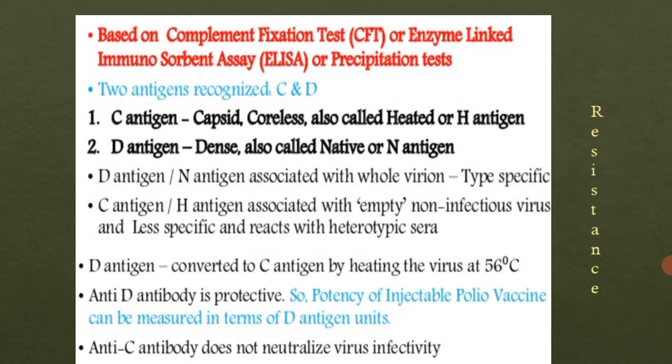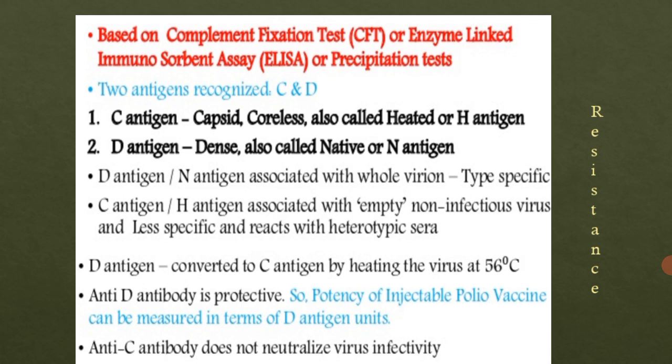Two antigens are recognized, called antigen C and antigen D. Antigen C means coreless antigen, C for capsid, and the D will be the dense. With the help of the complement fixation, ELISA or precipitation test, we are able to determine antigen C and antigen D.